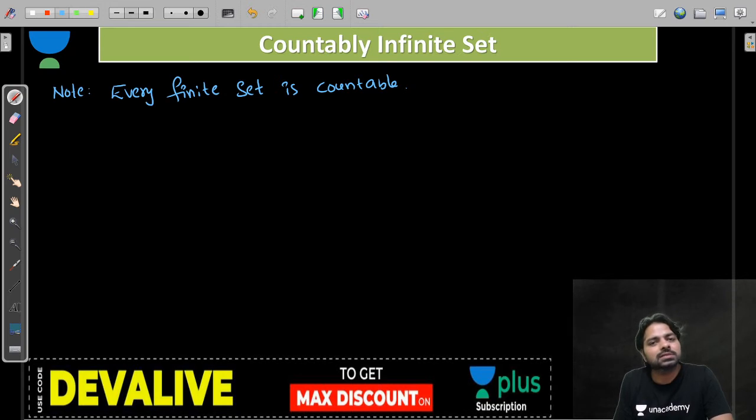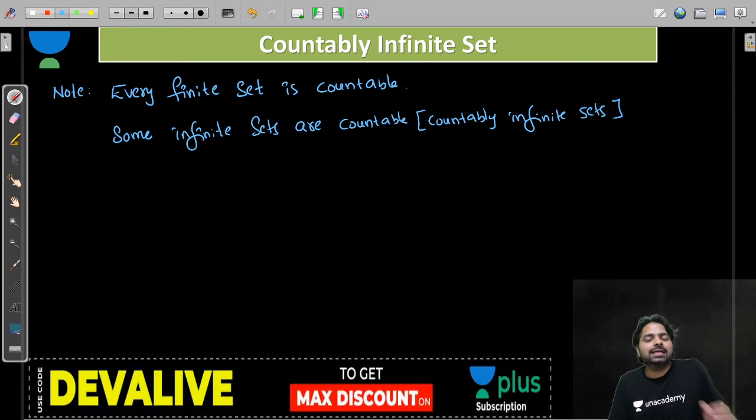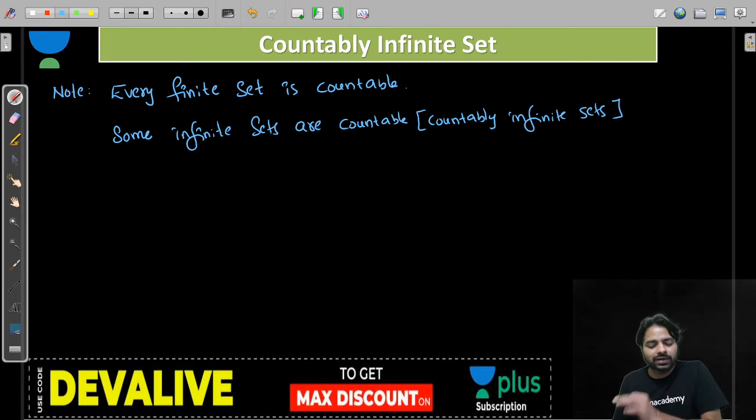Some infinite sets, not every infinite set, are countable, and the remaining are uncountable. Those are called countably infinite sets. If an infinite set is countable, then that set is called a countably infinite set.